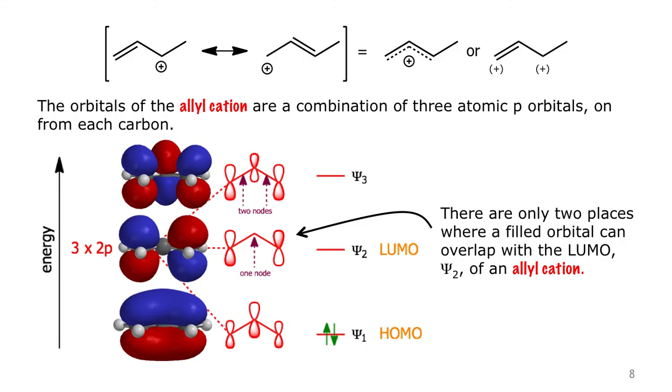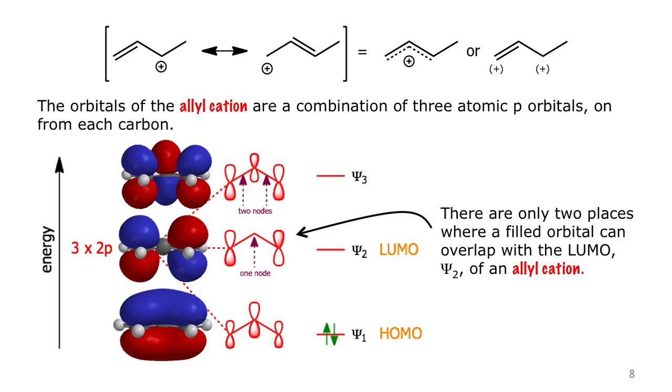But this is not the orbital that reacts. Remember, the next step in the mechanism is attack of the nucleophile. So this is acting as the LUMO in a HOMO-LUMO interaction, and the halide ion attacking this is the highest occupied molecular orbital.